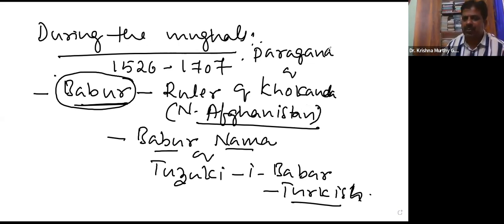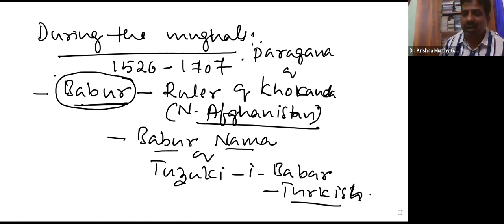Internally, he had many problems. From his father's side and mother's side, he belonged to Genghis Khan and Timur. He wanted to reoccupy the ancestral regions of India. Therefore, he attacked India in 1526 and onwards.